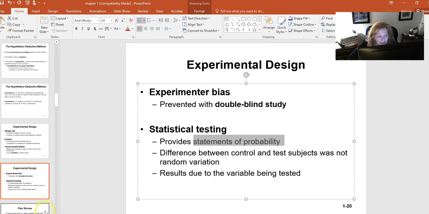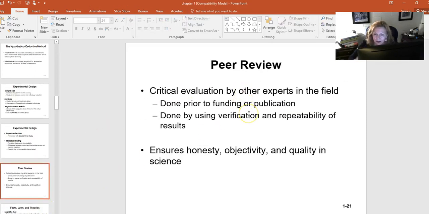Another huge thing is that in science, we have peer review. There's no scientific theory statement that's been made about a natural event that hasn't been peer reviewed exhaustively and is continuing to get peer reviewed.